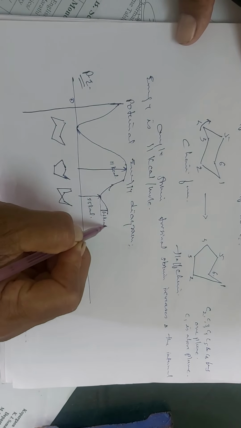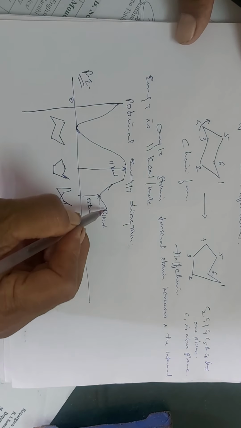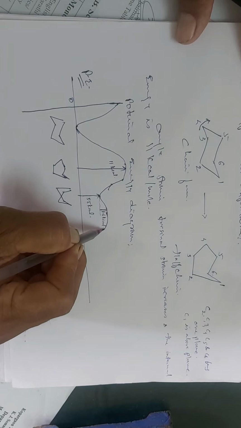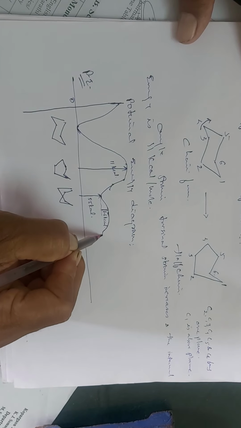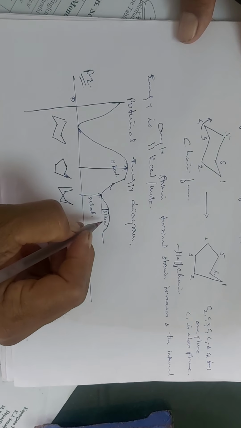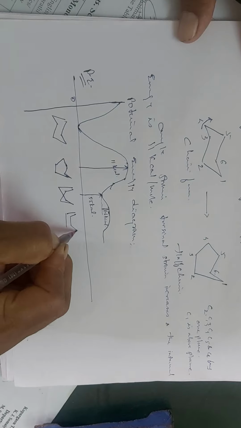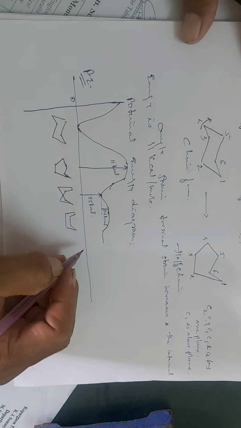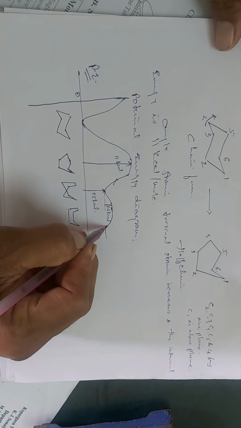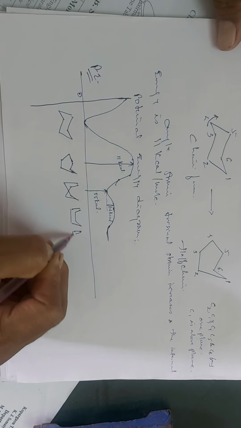And twist boat to boat, here it is 1.6 kilocalories per mole. And then the boat gets converted again to the twist boat, and here you are going to get a boat conformation again, and this boat will again go to the twist boat, in this way.